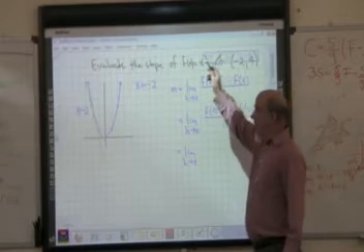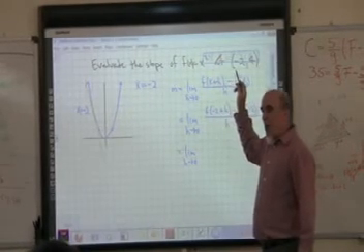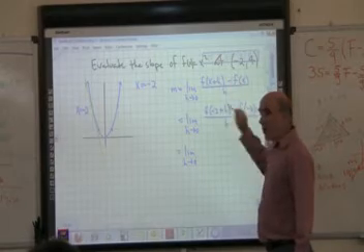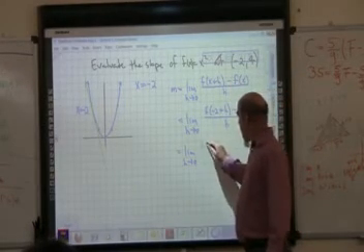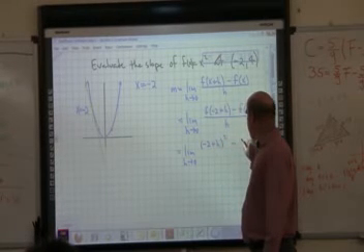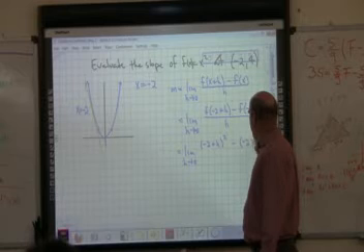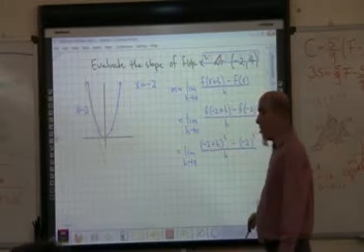Here's my function. What is this function evaluated for this point? It's going to be -2 plus h squared minus -2 squared over h.